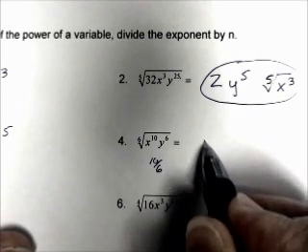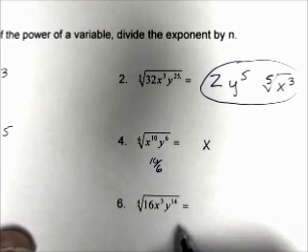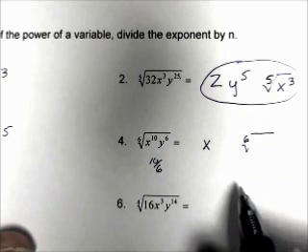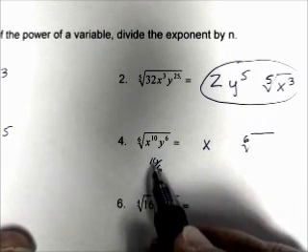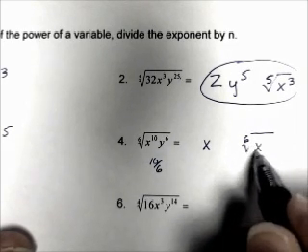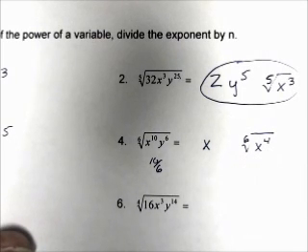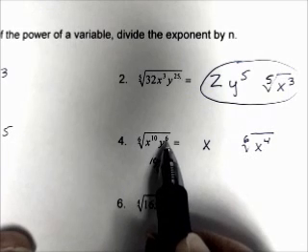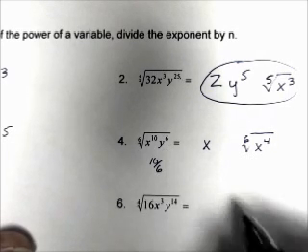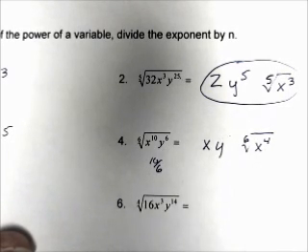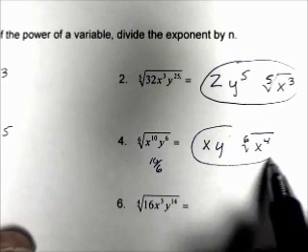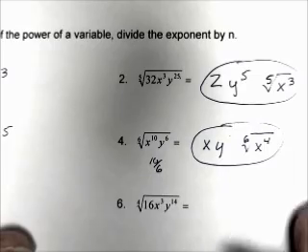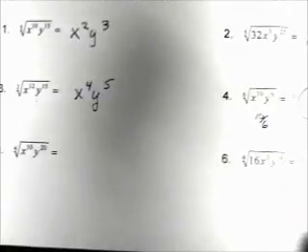So x to the first comes out, and the sixth root of what's the remainder? 6 goes into 10 once with a remainder of 4. So x to the 4th remains. Sixth root of y to the 6th, 6 divided by 6 is 1. So y to the first comes out with no remainder. So that's xy, sixth root of x to the 4th.